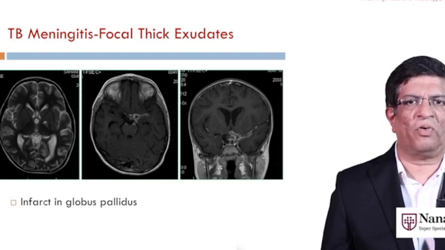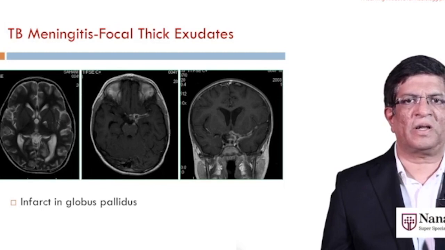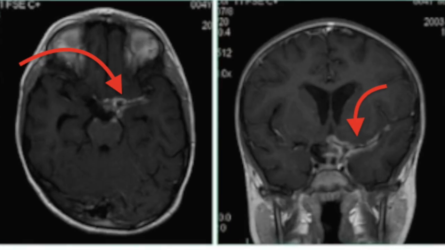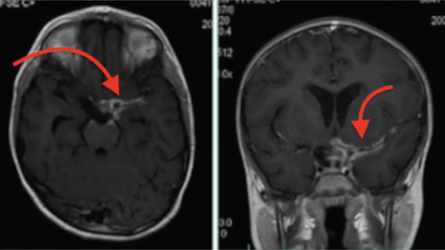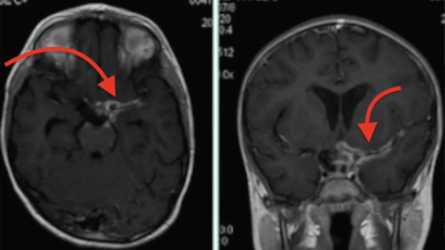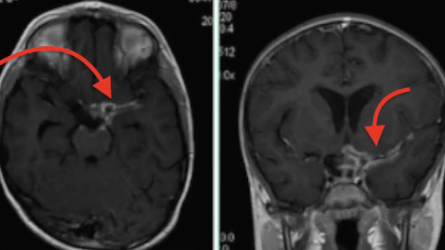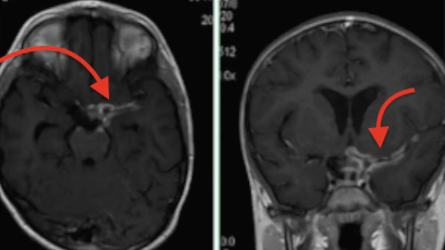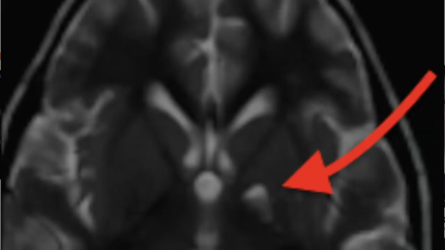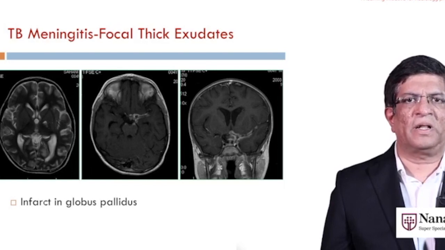But this is not how common leptomeningitis in tuberculosis looks. This is the classic picture where you have focal exudates in the left MCA cistern and suprasellar cistern, and this particular patient, because of vasculitis, also has a small acute infarct in the left globus pallidus. So, this is how CNS leptomeningeal tuberculosis looks.